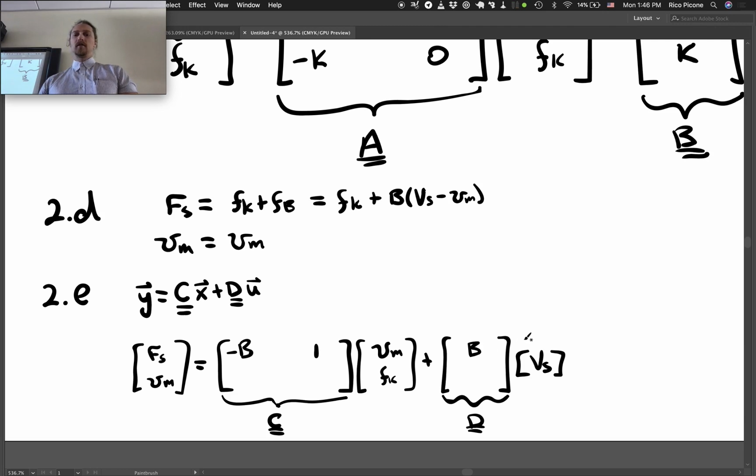B Vs. So that was this equation. And the other equation is Vm equals Vm. So what is the Vm coefficient? 1. What is the Fk coefficient? 0. Vs? 0. And that's it.